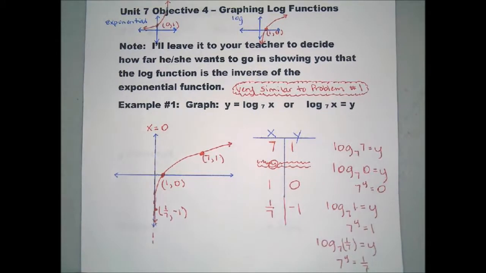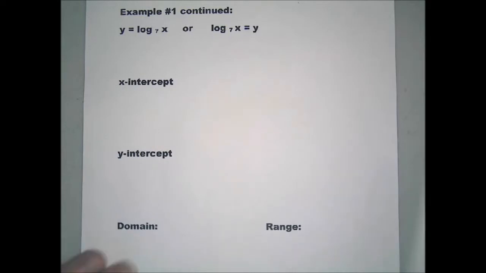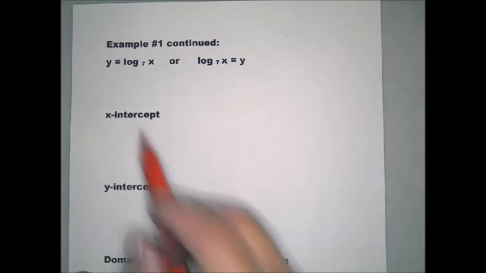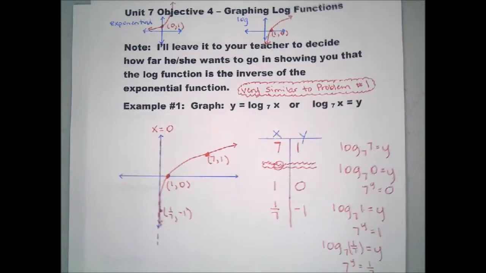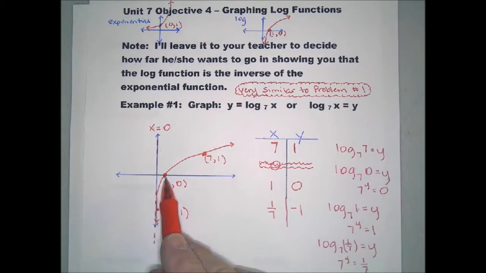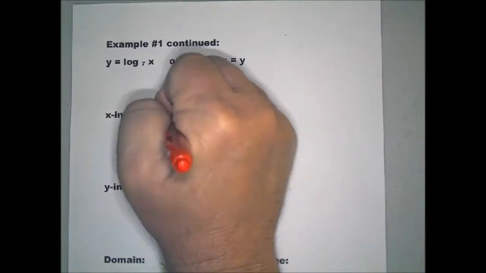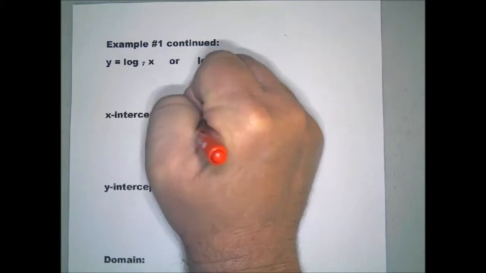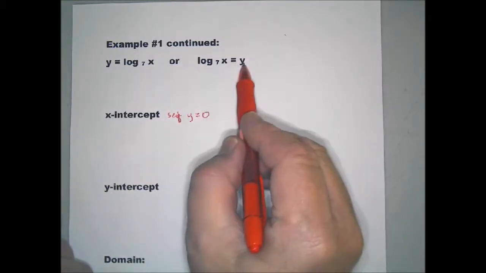Now, the next part of the problem, or the example, asks a few questions about this. For instance, here's the equation again. What would be the x-intercept of this graph? Well, if we go back and look at the graph itself, we know where the x-intercept is. It's 1, 0. But just to show, remember how we find the x-intercept. We set y equal to 0. So let's do that.